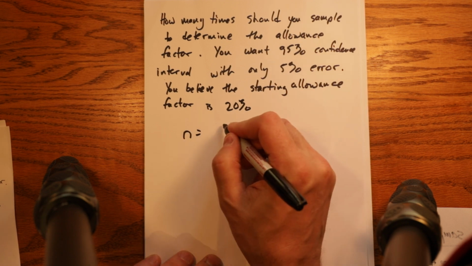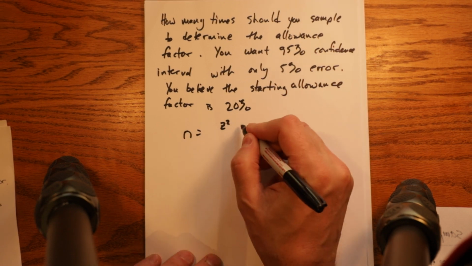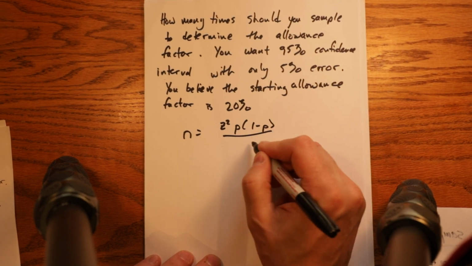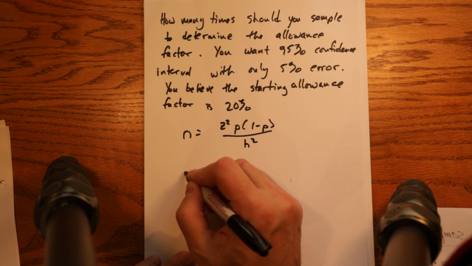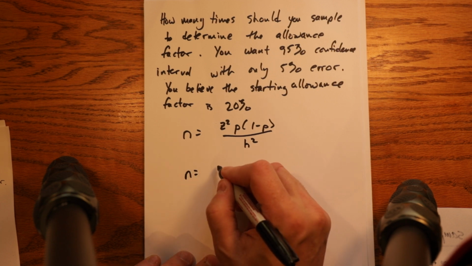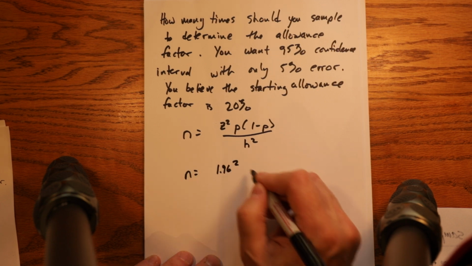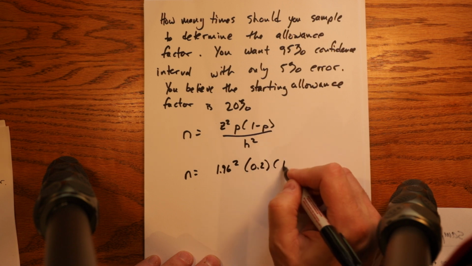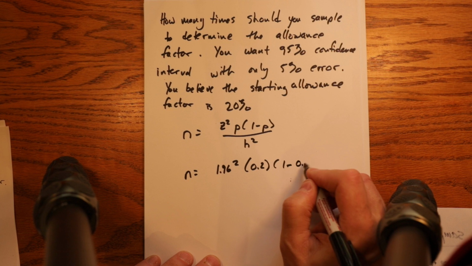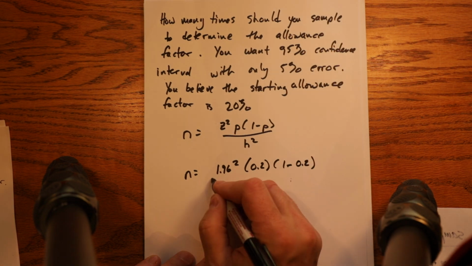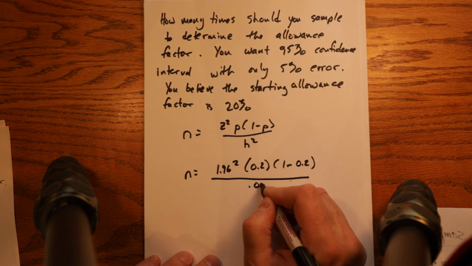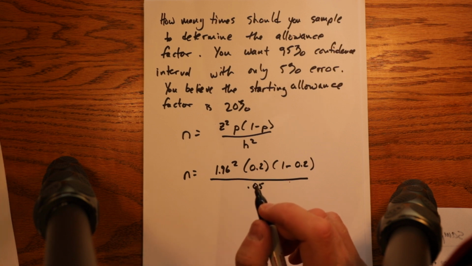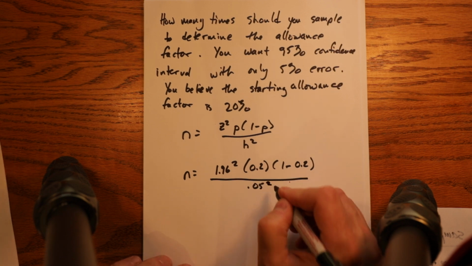N is equal to Z squared P(1 minus P) over H squared. So N in this case is equal to 1.96 squared, 0.2 times (1 minus 0.2) over 0.05 squared.